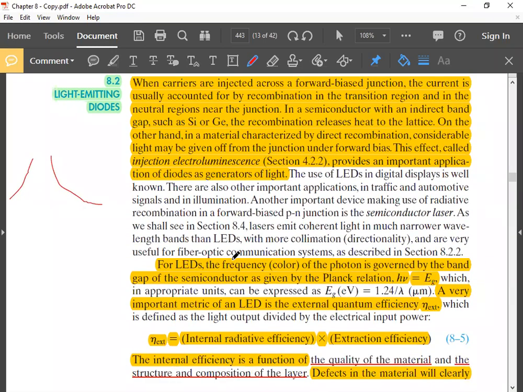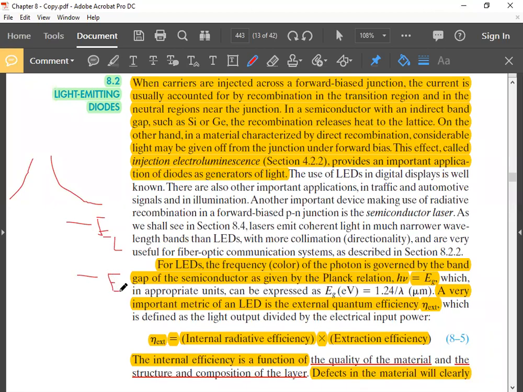Now for LED, the frequency or the color of the photon is governed by the band gap of the semiconductor as given by the Planck's relation h nu equal to Eg. So when the carriers recombine, electrons and holes recombine, they give off energy which is equal to the band gap energy, right? Eg is Ec minus Ev.